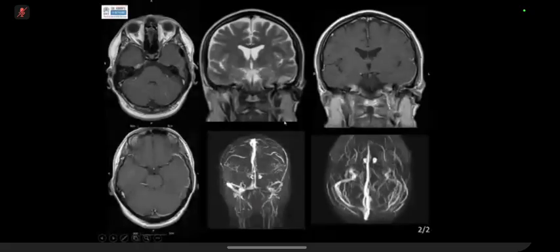So these findings are suggestive of venous sinus thrombosis. I'm just trying to see if there's any abscess collection anywhere within the brain parenchyma. I can't see.